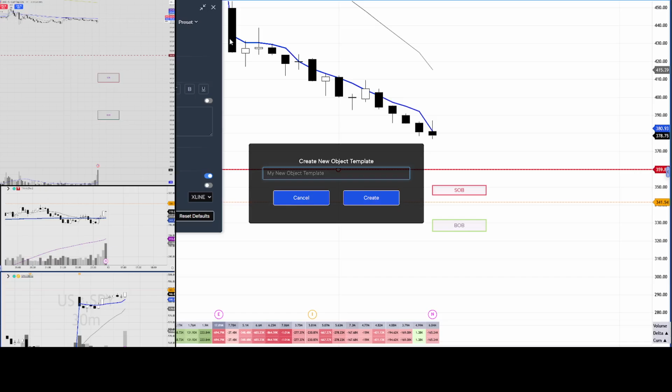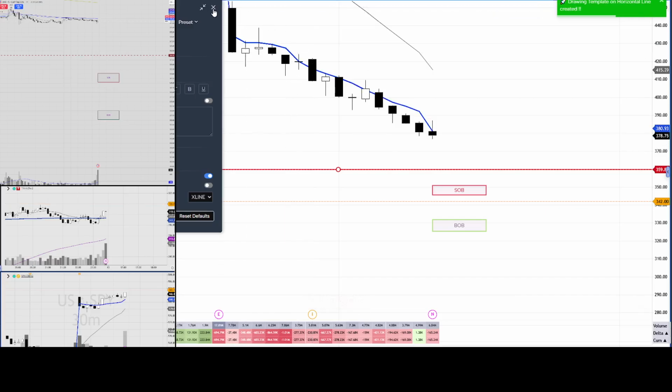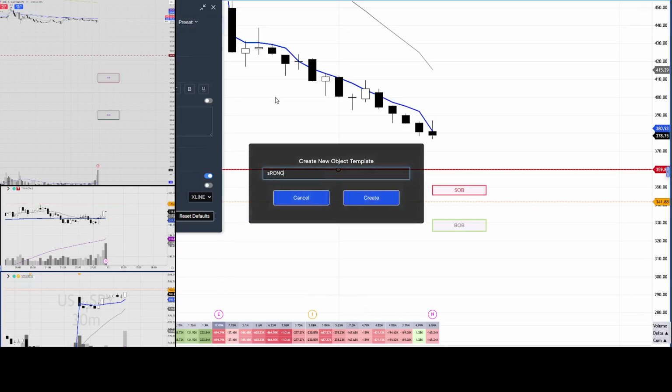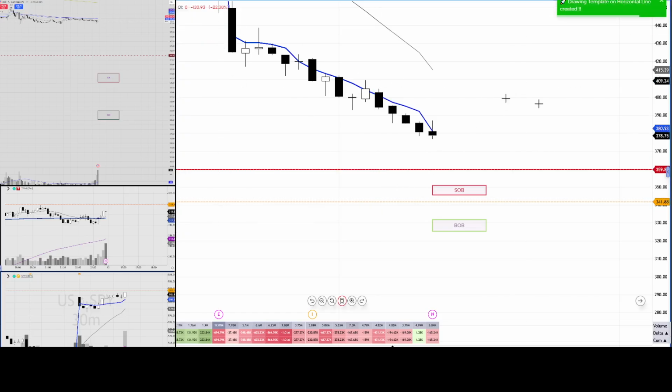Save as strong resistance level. Create. Let me save this. I think I did not save. Okay. So these are going to be our levels.